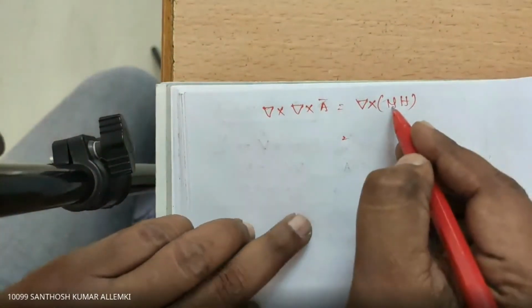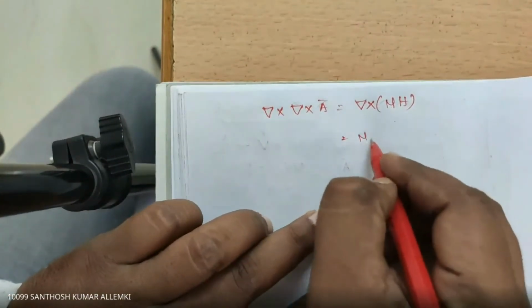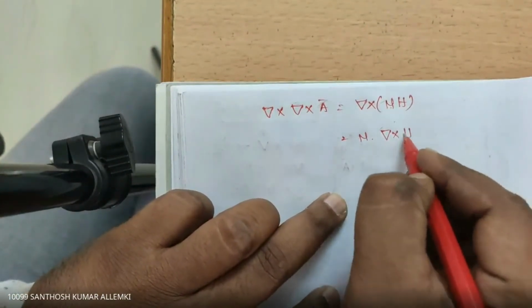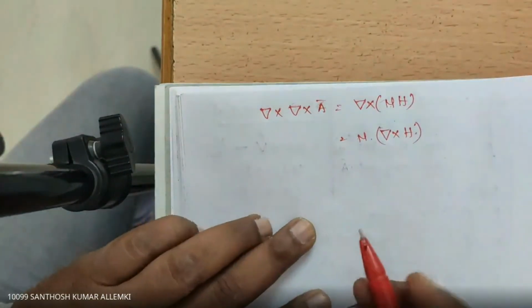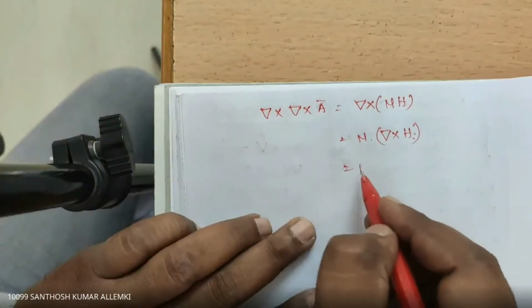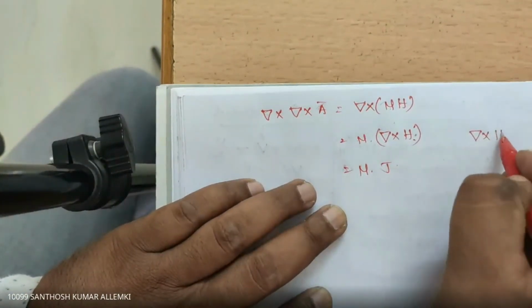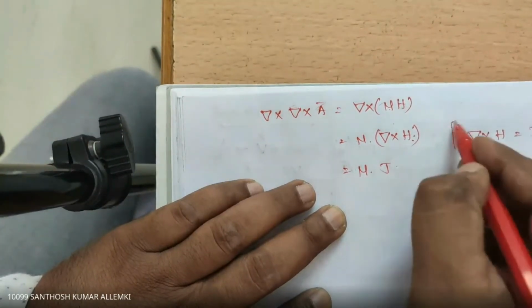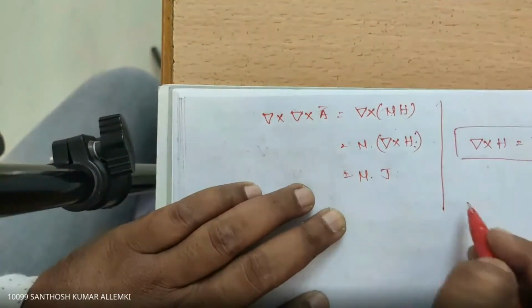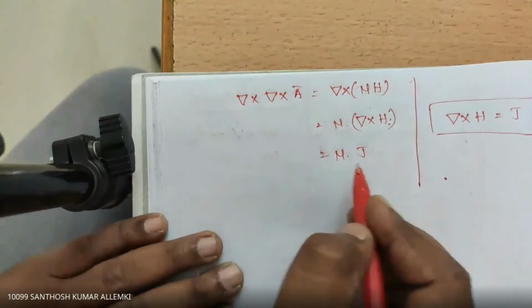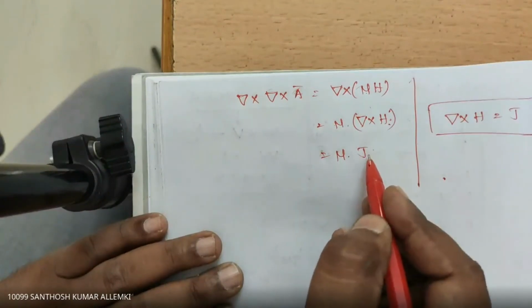Now see here, mu is a constant, take it outside. So mu into del cross H. But del cross H can be represented as what? J, from Maxwell equations. Del cross H is equal to J from Maxwell equations. So simply you are substituting the J value here.